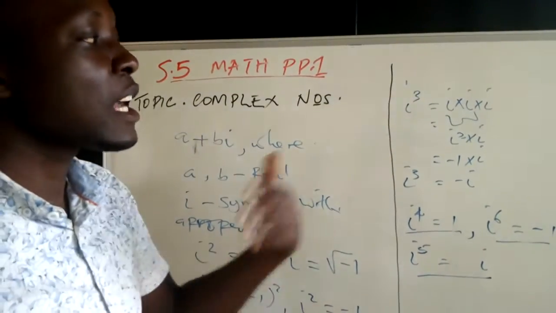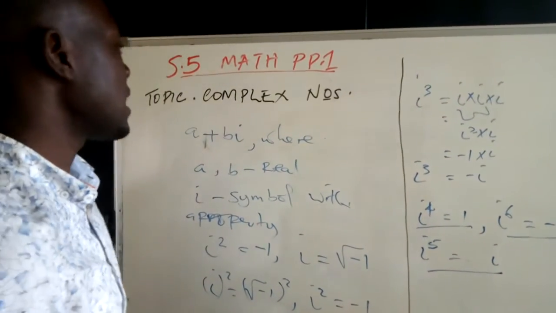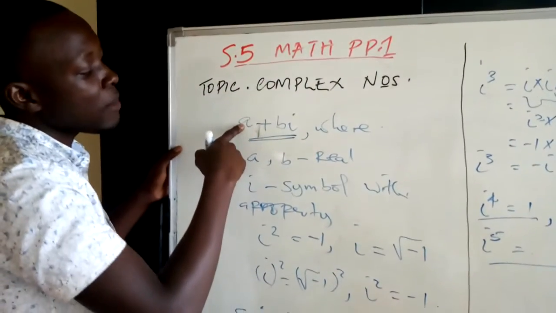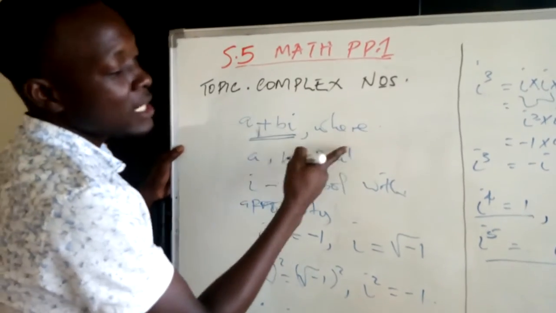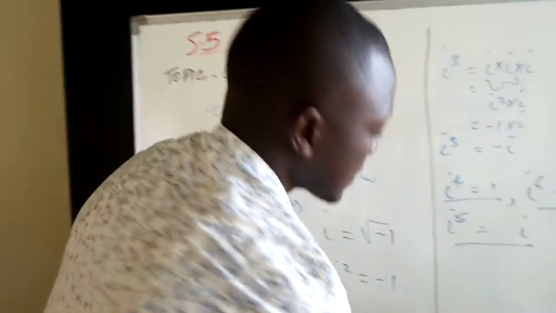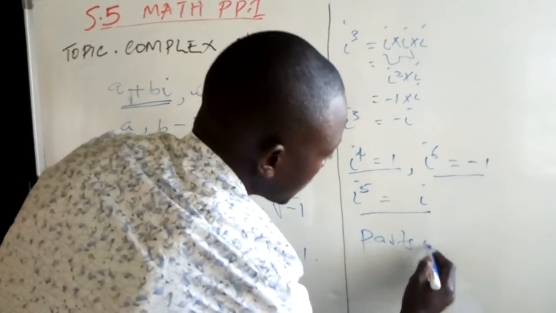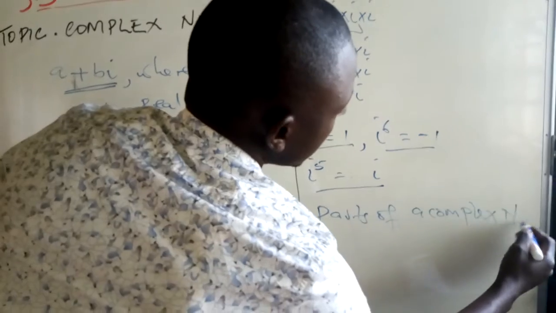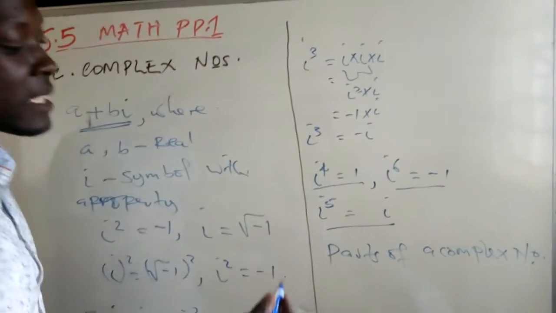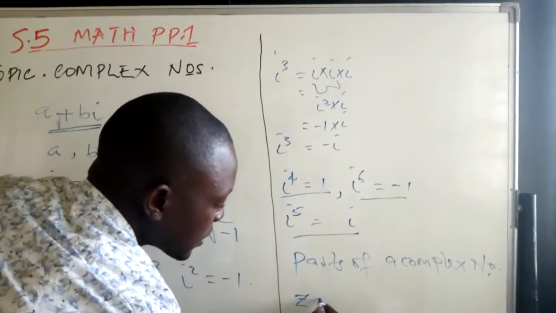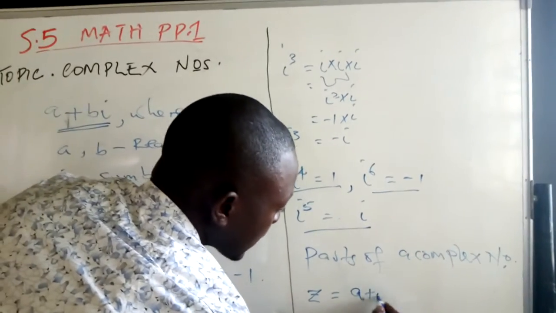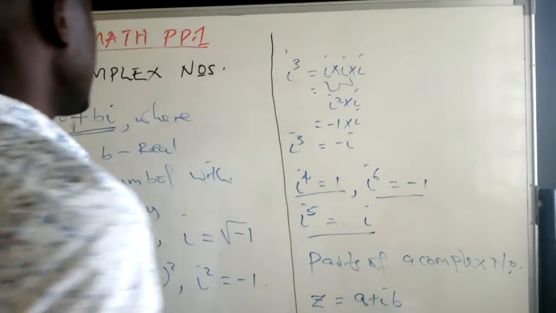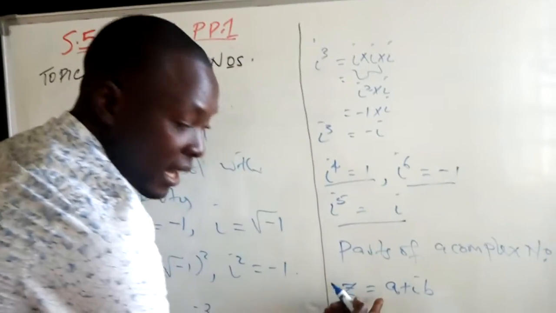So whenever you have a number to do with complex numbers, it has to be written in this form. It has to be with a real number and then the imaginary part. If we are to look at the parts of a complex number, say they give us a complex number z which is the same as a plus bi, then this number has two parts.